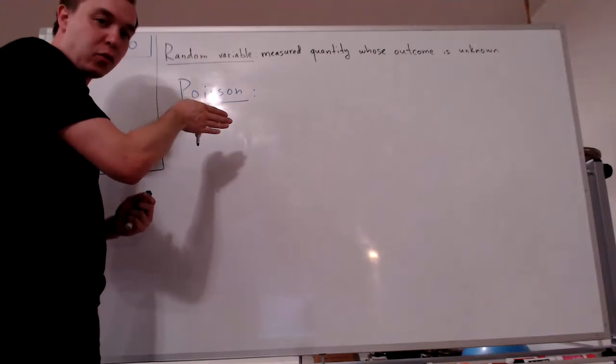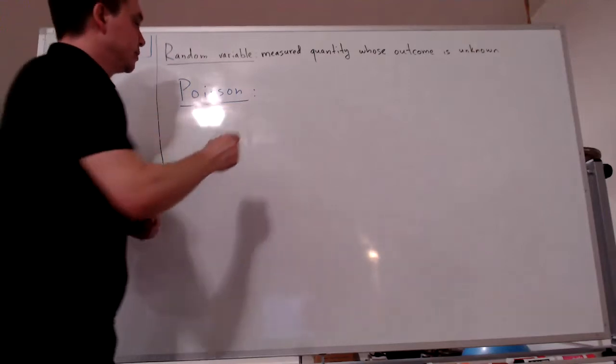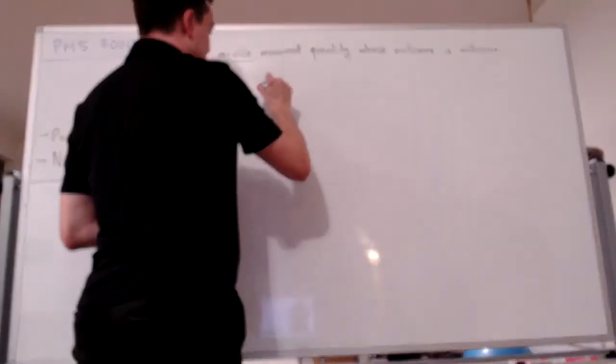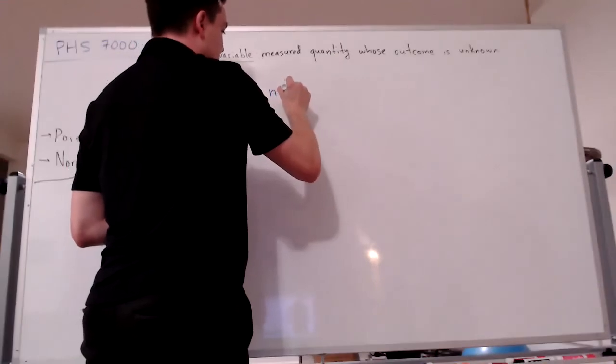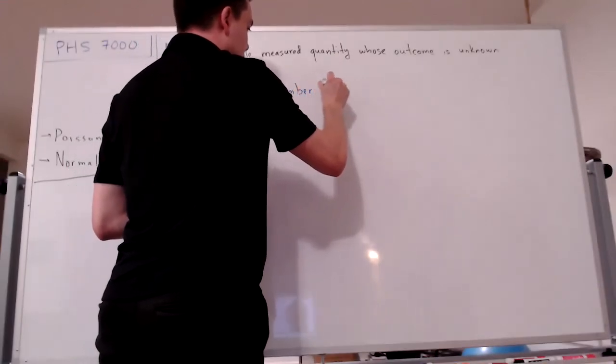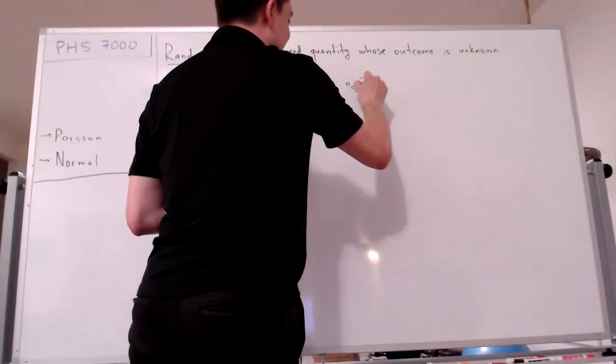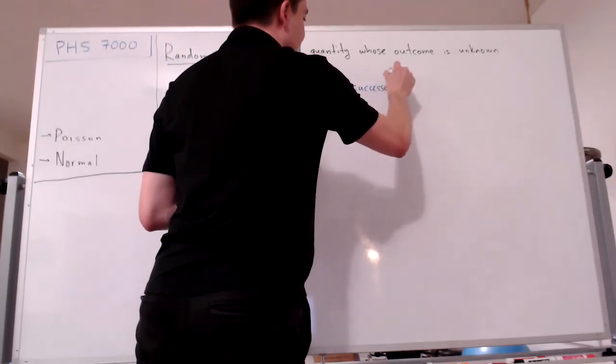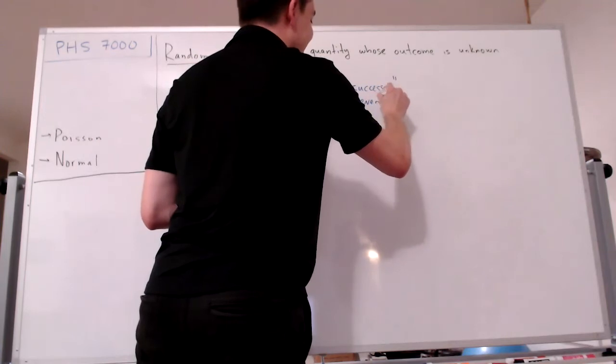For the French speakers, Poisson, fish. This is some number of, I'm going to call it successes. We can call it events.